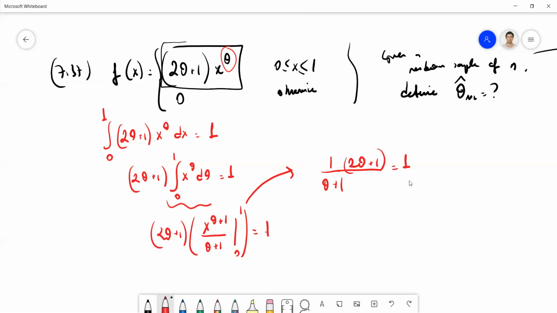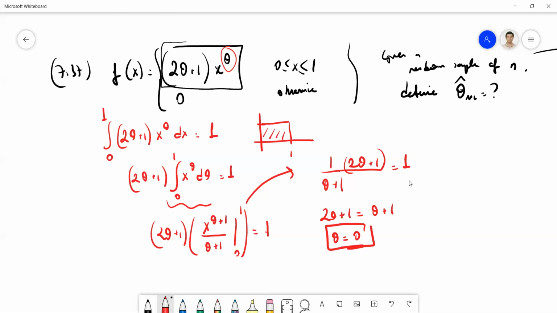interesting. If I'm not wrong, we can exactly find a solution here. 2 theta plus 1 is going to be equal to theta plus 1, so theta is going to be equal to 0. Therefore this is going to be a uniform distribution. That's one answer: between 0 and 1, you are going to have this distribution.